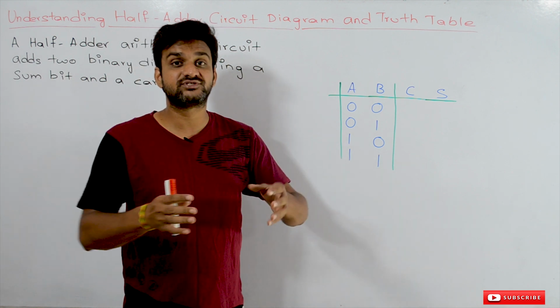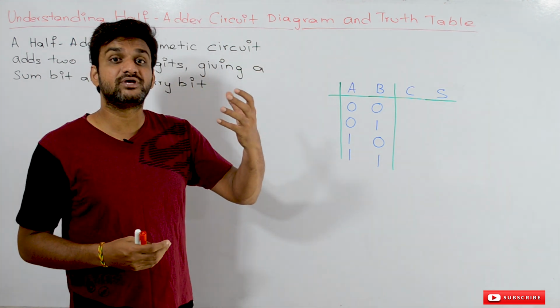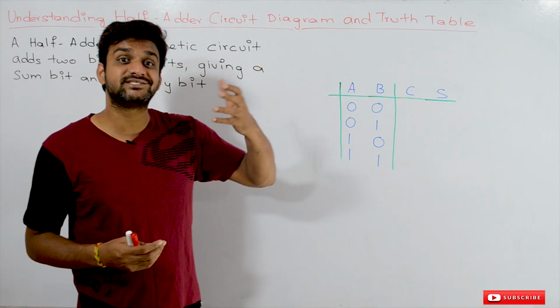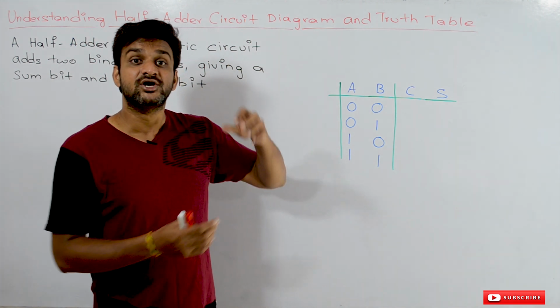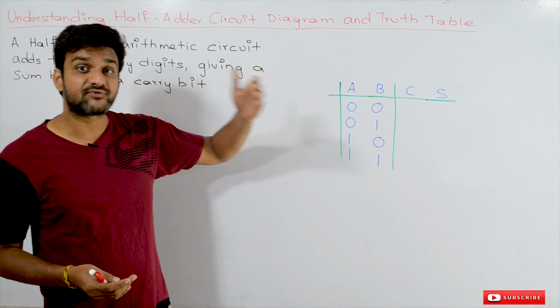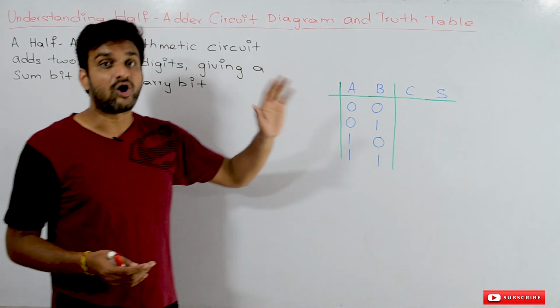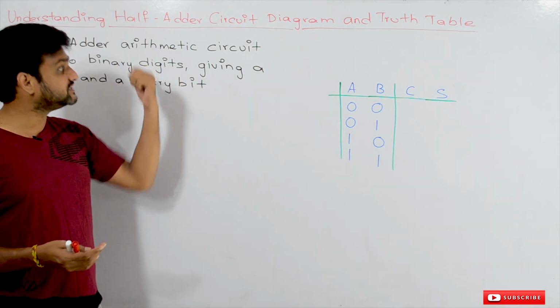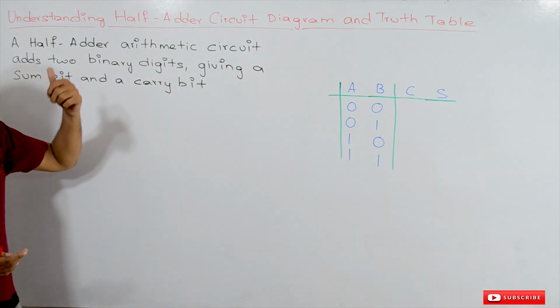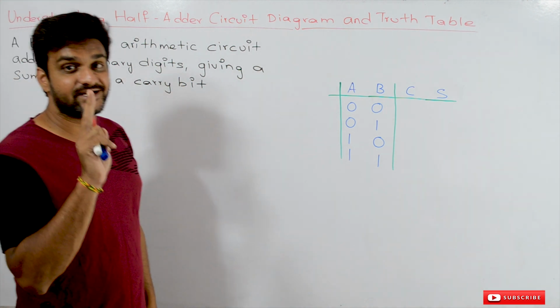So far we have seen some logic gates, but using those logic gates, we are going to design the system in such a way that those digital circuits perform some kind of operations. This circuit is going to produce the sum of two binary digits.